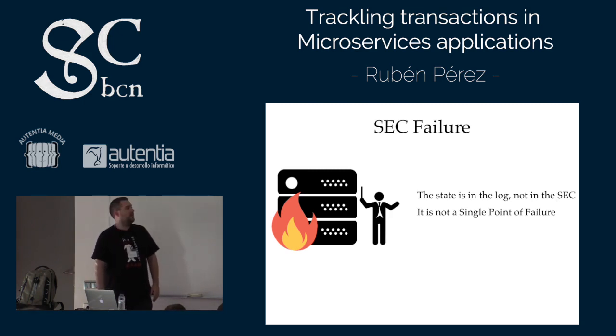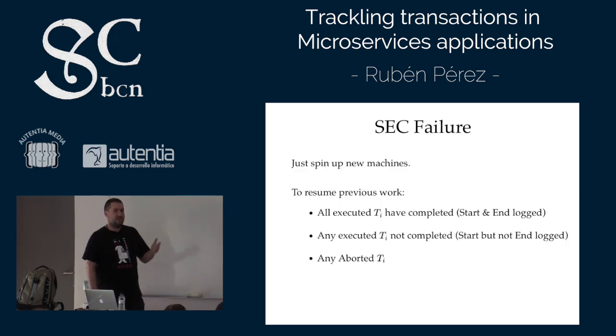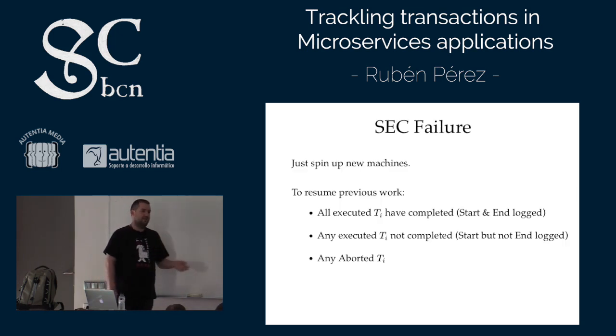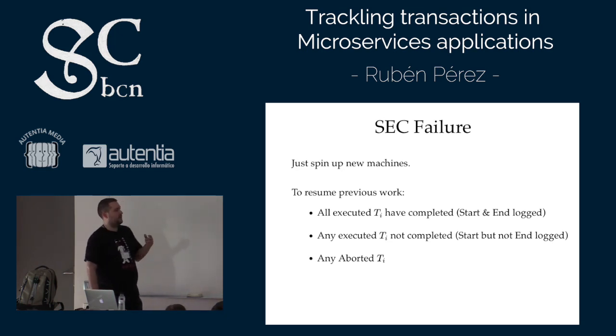So if it fails, you can just spin up new machines or reboot your actual machines or do whatever you do with your infrastructure. But also, once the service is up again, you have to resume the previous work. So we have to deal with a few scenarios here. The first one is that every step in the saga execution has a start and an end log.